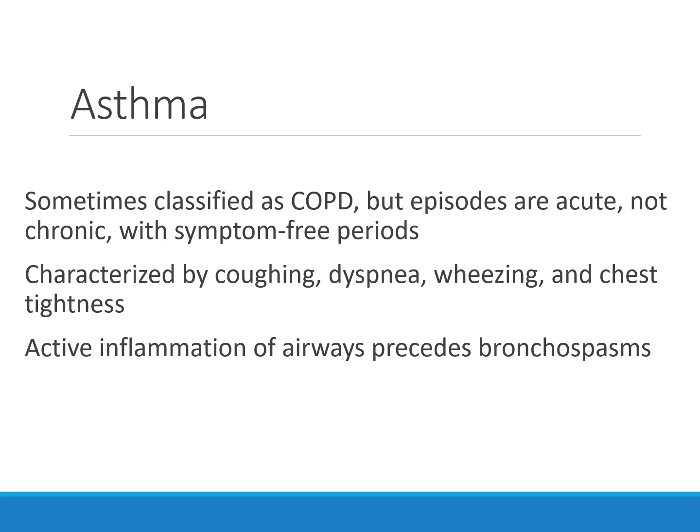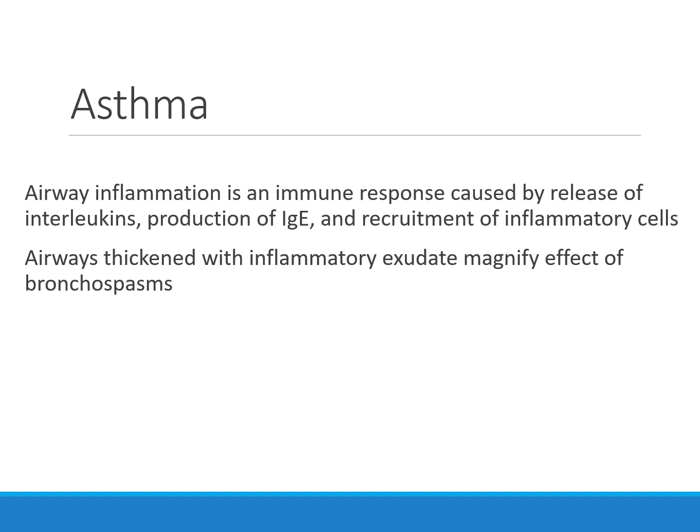The tissue lining the airways starts to become inflamed, and that's what makes it hard to breathe. Airway inflammation is an immune response caused by the release of interleukins, the production of IgE, and the recruitment of inflammatory cells. Airways thicken with the inflammatory exudate, and they magnify the effect of the bronchospasms.